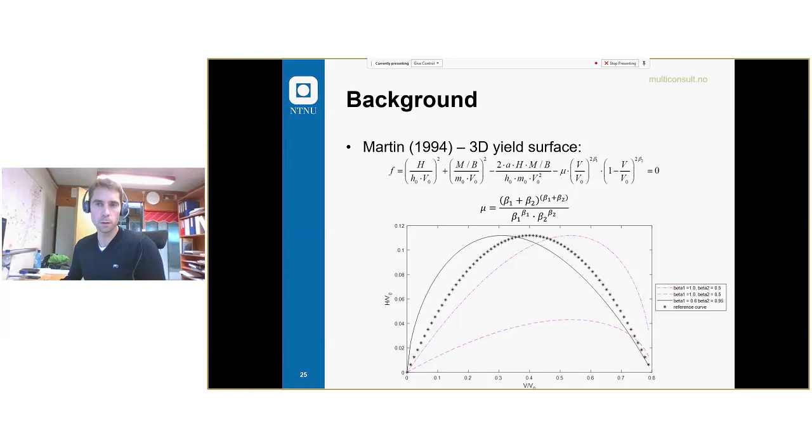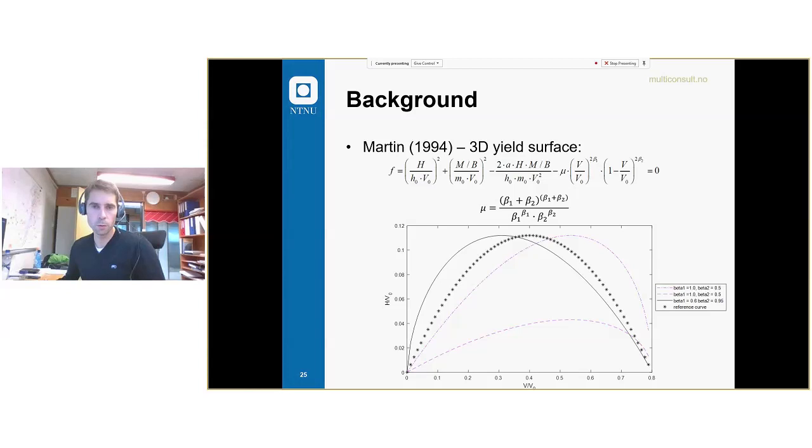A lot of this work was done in the 70s, 80s, and now it's taken further. Such diagrams define a region inside which all allowable load combinations must lie, like an MN diagram for a column or whatever. And results from laboratory tests are used to define these interaction diagrams.